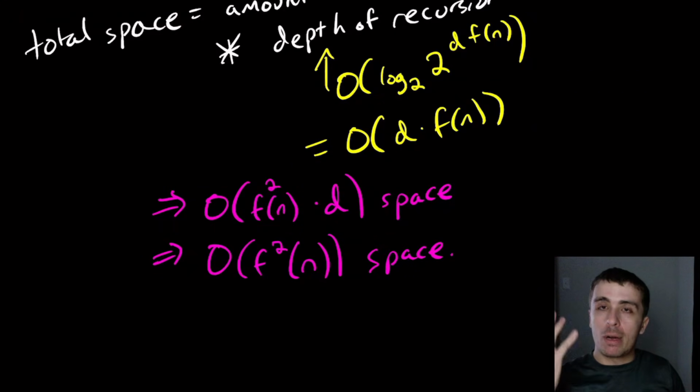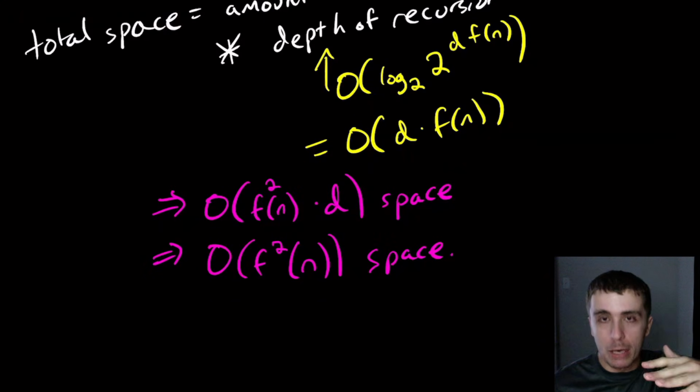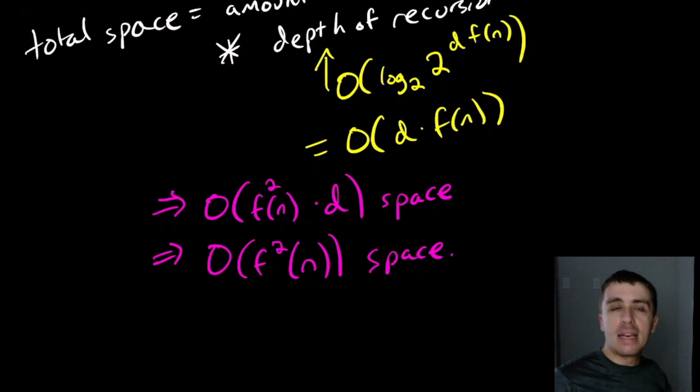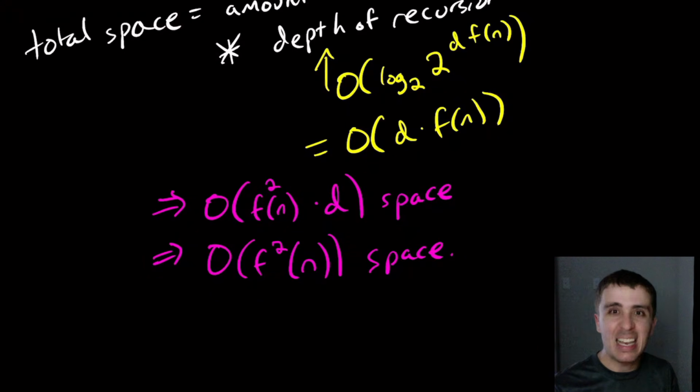So we went from an exponential amount of space down to just the square amount of space, which is pretty awesome. I'm actually not sure if there's even a better result known than this, whether you can get below 2 here. But the fact that you can simulate a non-deterministic thing with only a quadratic blow up in the amount of space that is used is really awesome.